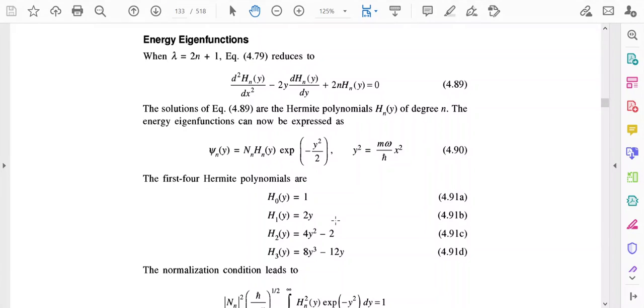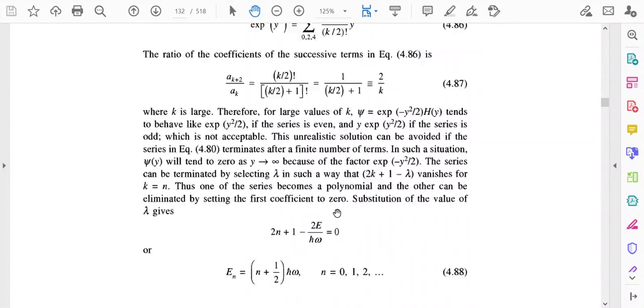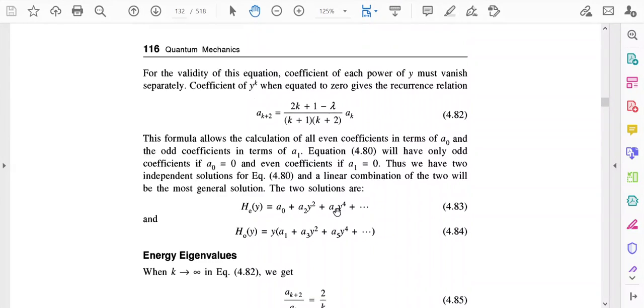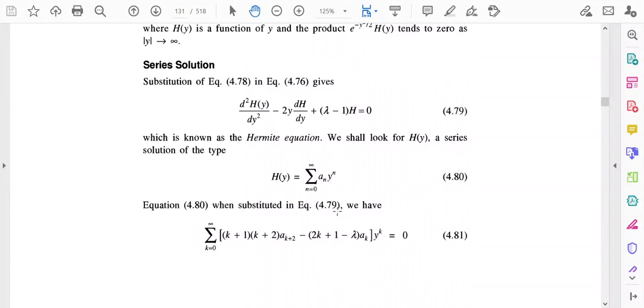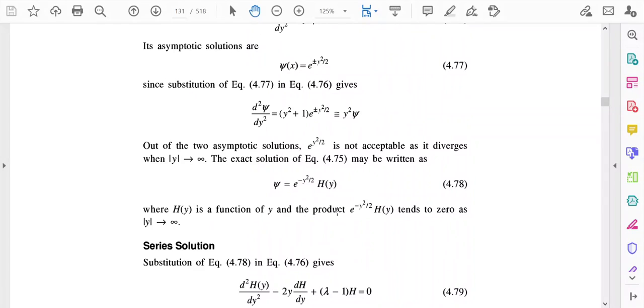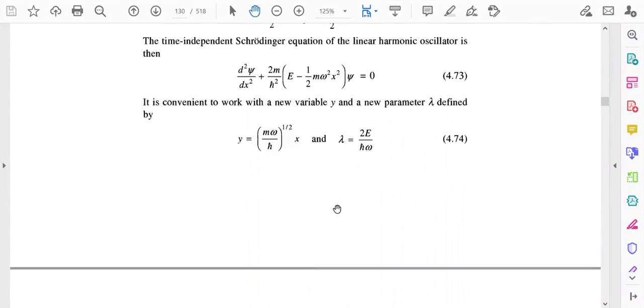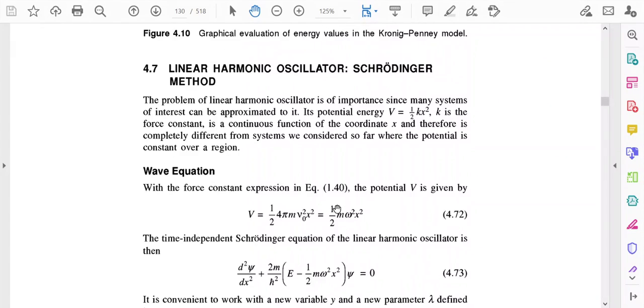So we started from the Schrodinger equation, and we first assumed an asymptotic solution. For this, I request you to listen to the previous lecture. It started from the Schrodinger equation.